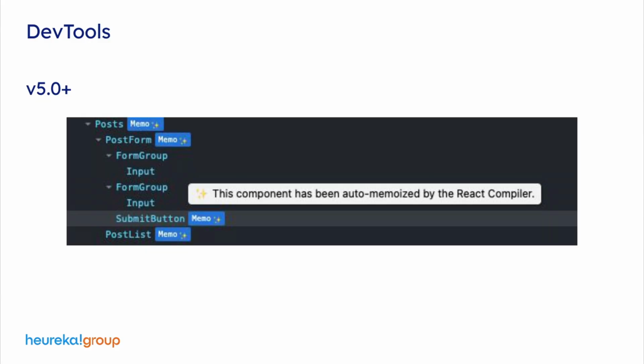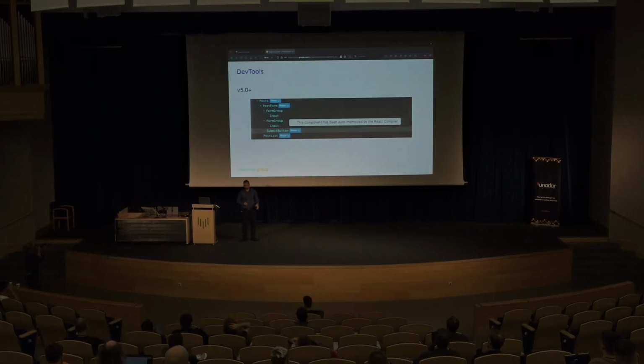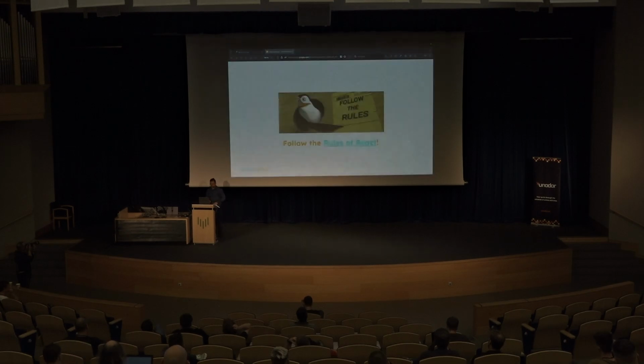And in the DevTools, in versions later than 5, you can see that some components in your tree could be auto-memoized and are labeled by this badge, Memo Magic. And this is the compiler's output.